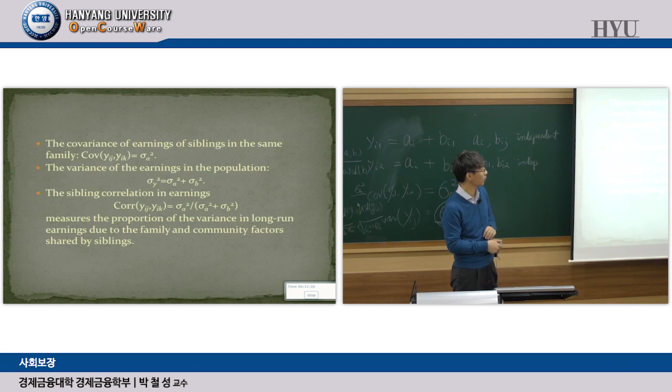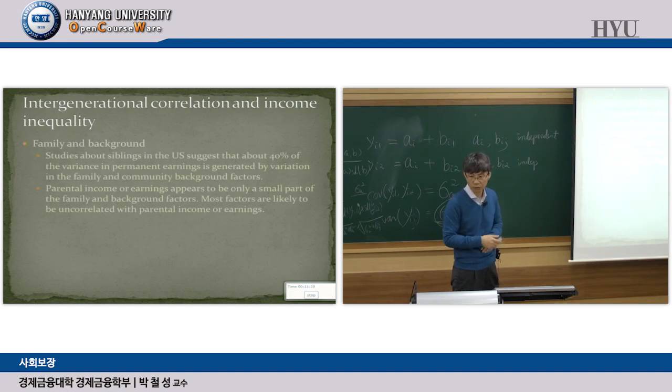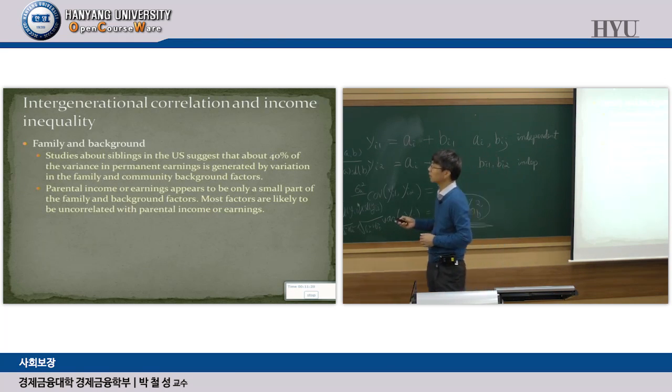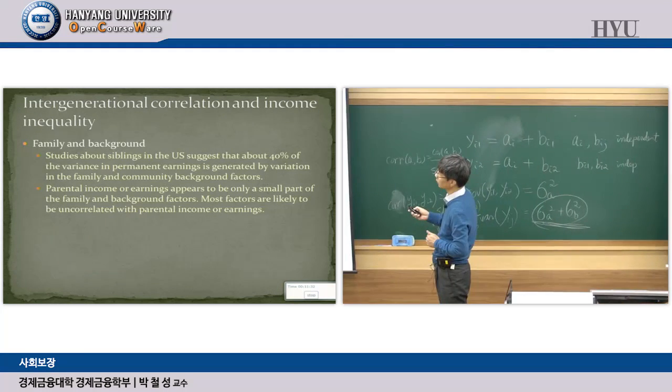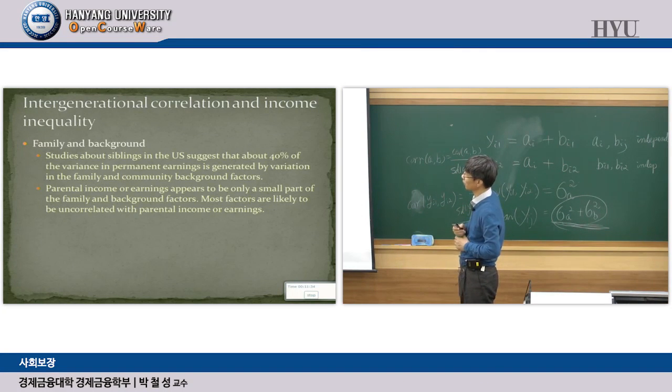So the sibling income correlation is about 0.4, which is actually quite high. So common factors explain 40%.